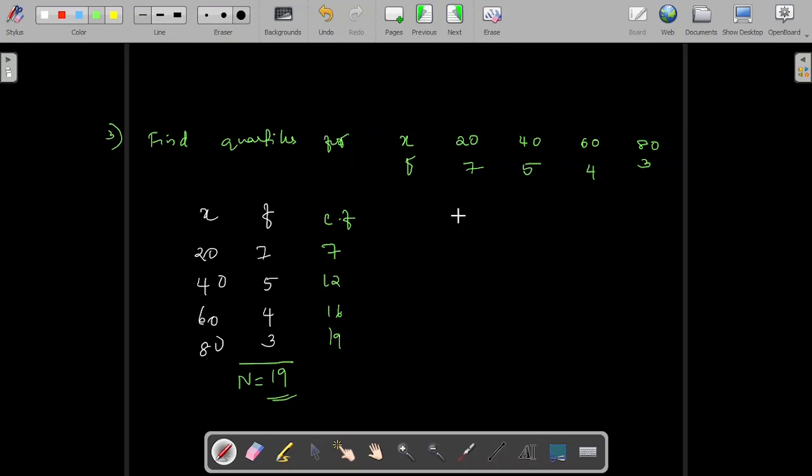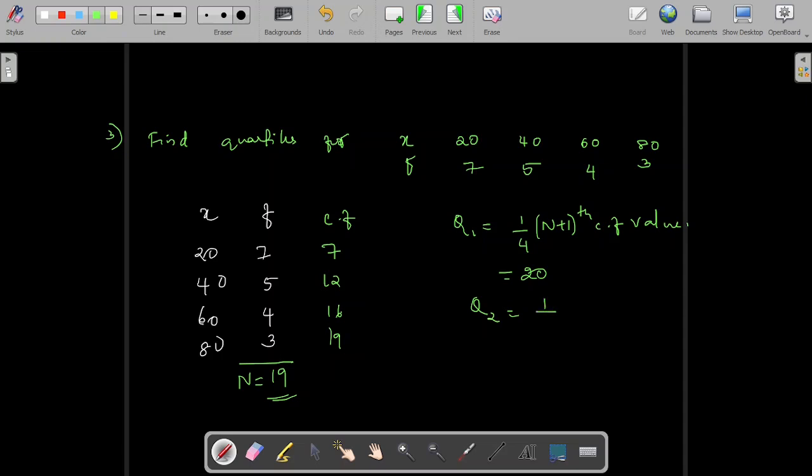Now Q1 equals 1 by 4 into (N plus 1)th cumulative frequency value. So 19 plus 1, 20 by 4, which is nothing but 5. Where does cumulative frequency 5 come? From 0 to 7 cumulative frequency, all data values are equal to 20. So 5 comes within this range, its data value is 20. So Q1 equals 20.